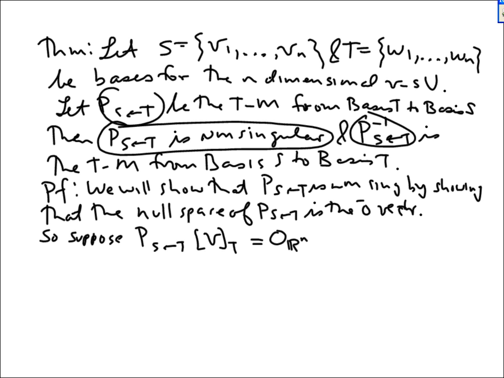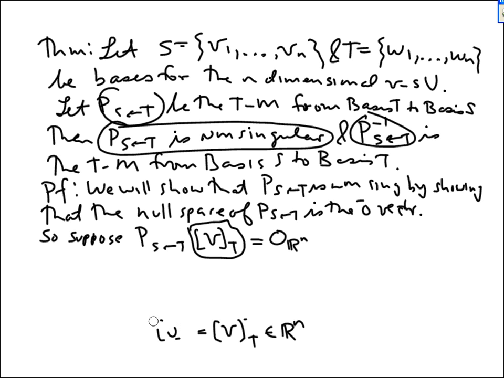Now what we want to show is that it has to be the zero vector itself, because v_T, the coordinates of vector v with respect to T, is in Rn. I need to show that v_T is the zero vector.